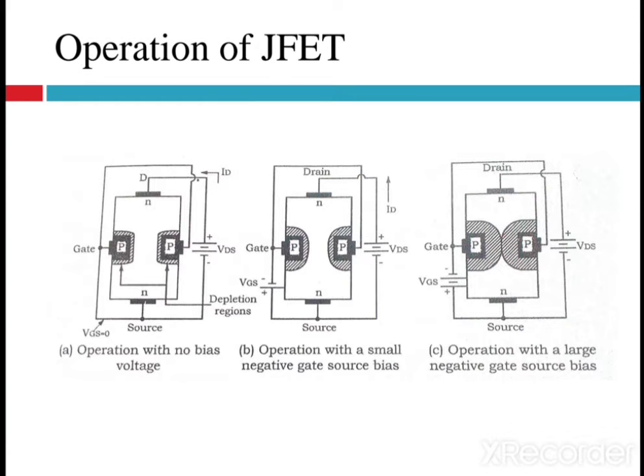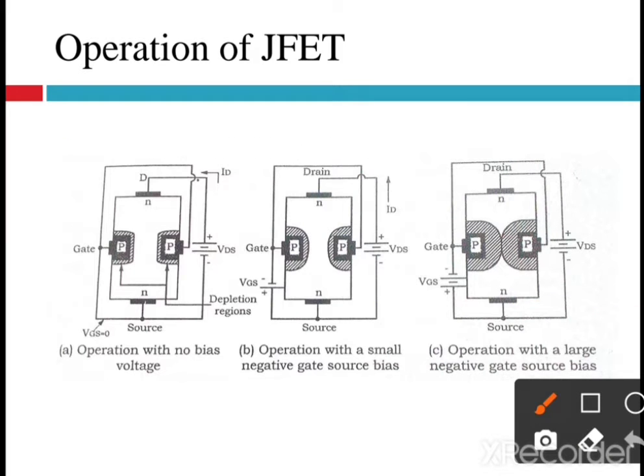Now let's discuss the operation of JFET. Here we are taking an N channel JFET. For the operation of N channel JFET, VDS means the voltage between drain and source.